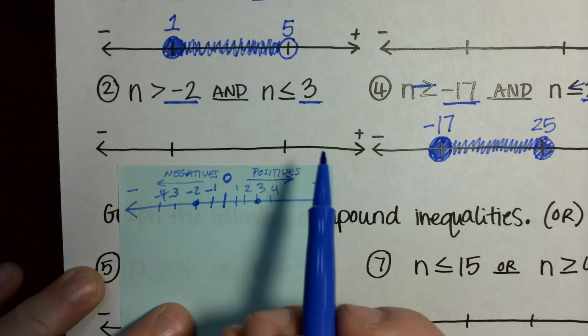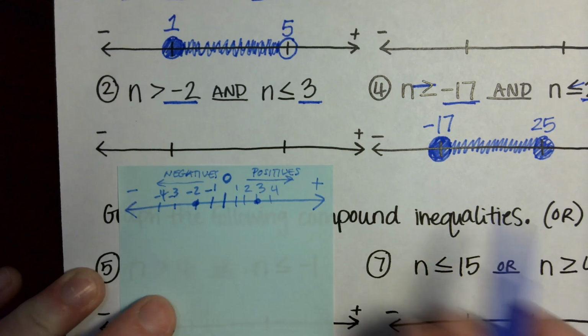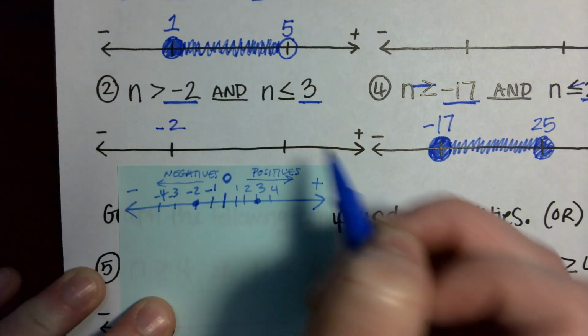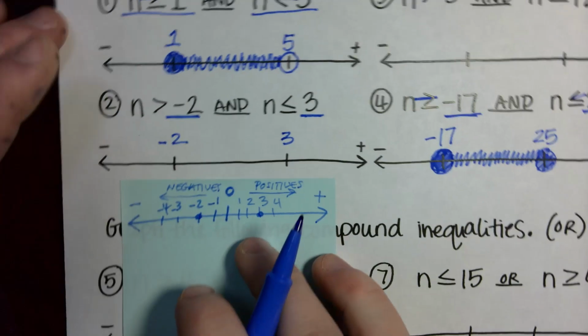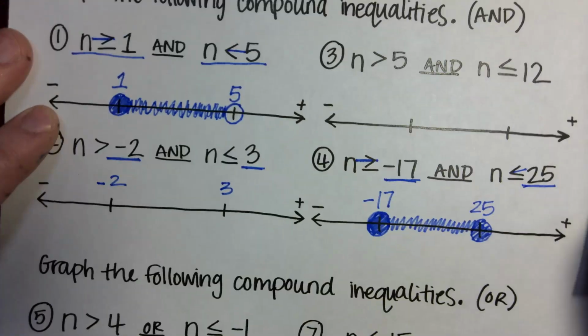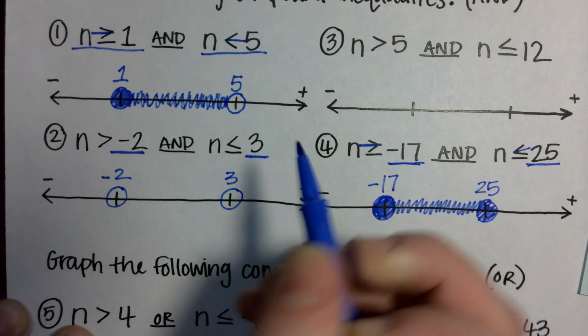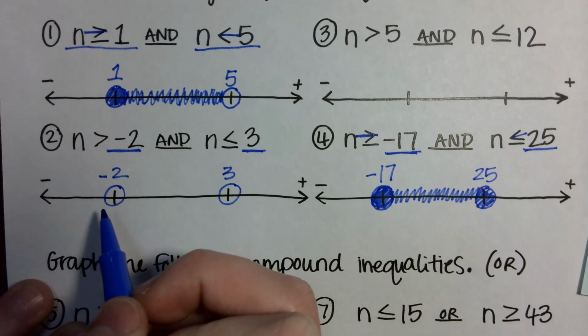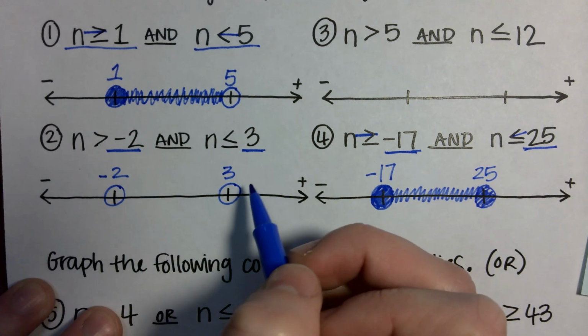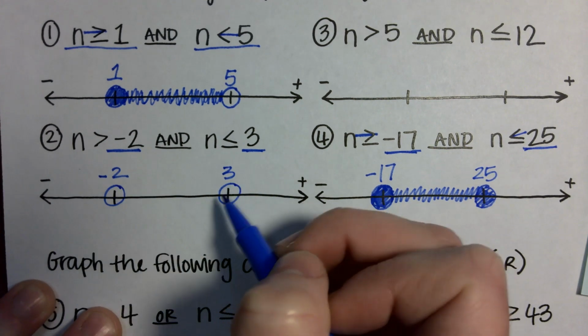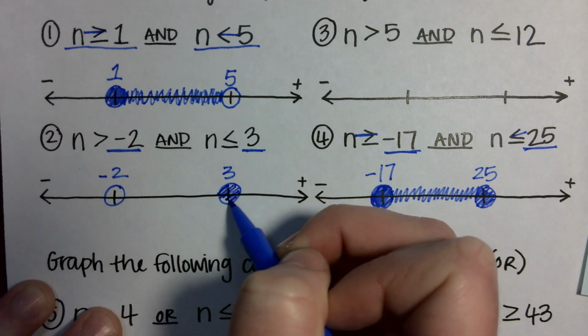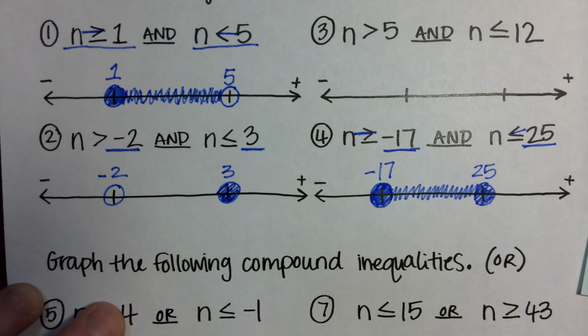Where do I write each of my numbers now? -2 first. Perfect. -2 comes first and then 3. And let's go ahead and just finish this graph. I'll draw my circles. -2, do I shade it or leave it open? Leave it open. 3, shade or open? Shade it. Good. And now, which direction am I shading?